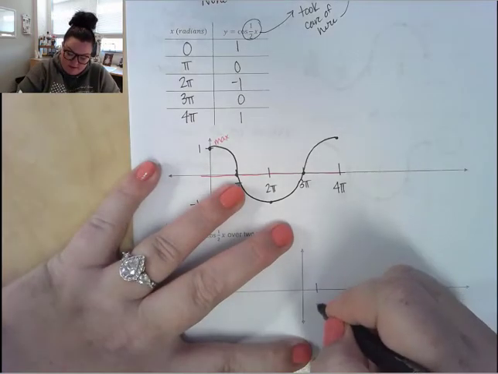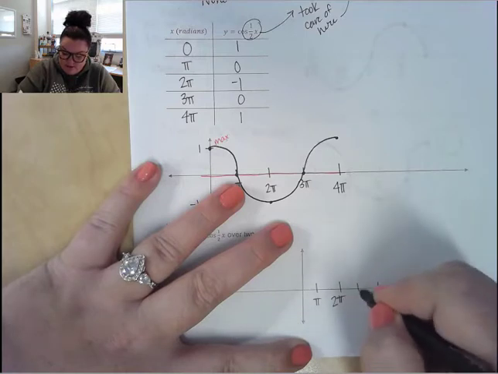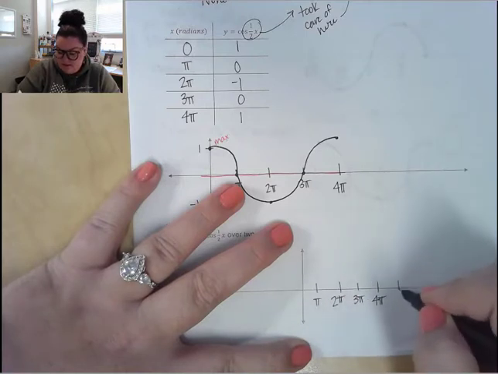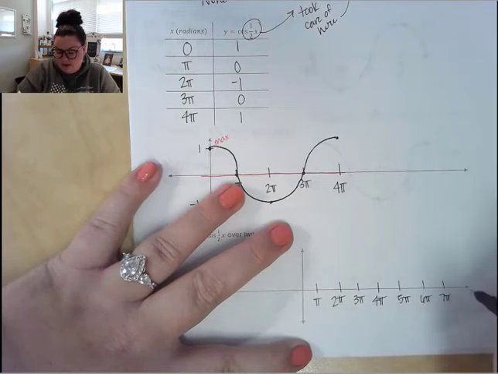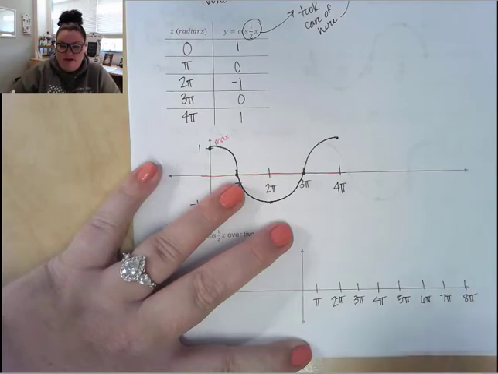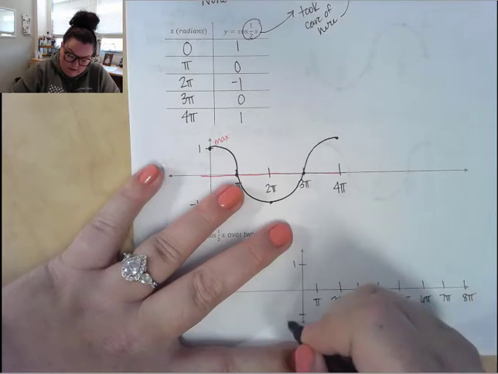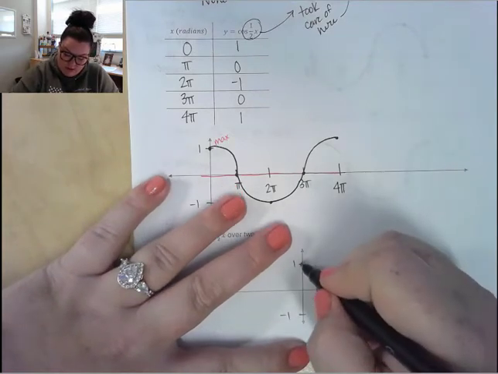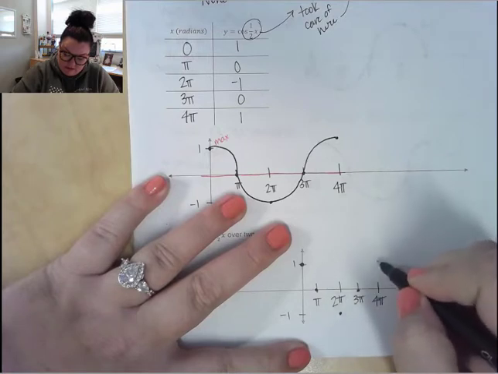So here we have pi, 2 pi, 3 pi, 5 pi, 6 pi, 7 pi, 8 pi. Okay, and 1, -1. So we start up at 1, go down to 0, down to -1, back up to 0, back up to 1.